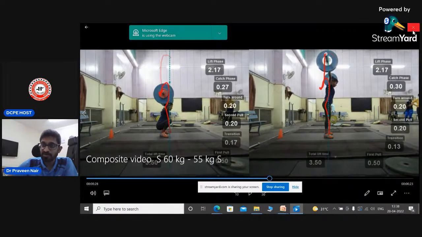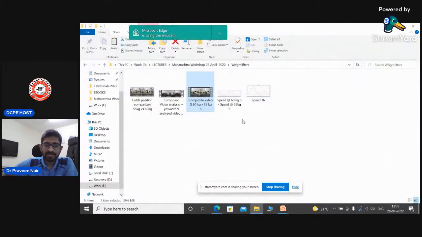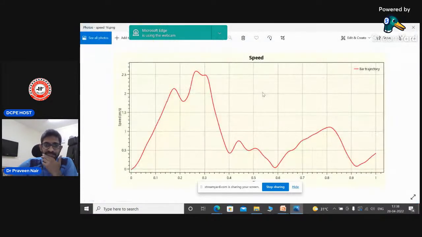So I will try to share that also. Okay, like this is the barbell trajectory velocity, and you can actually see the various phases, frame by frame. You can find out this is actually the transition phase.